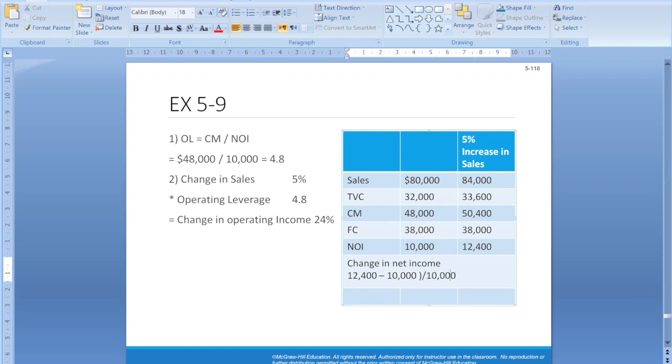If you need to know the change in a percentage, you need to go back to the base, right?